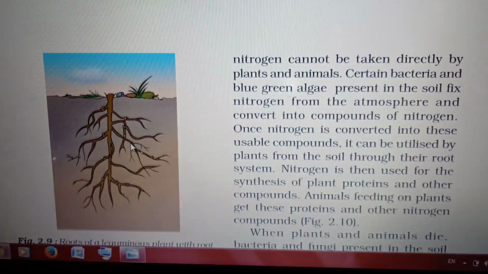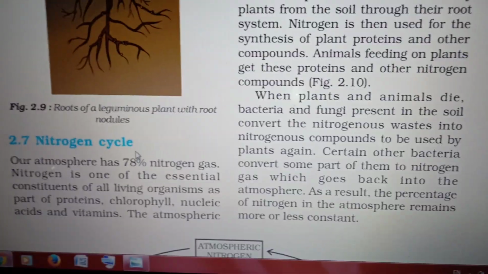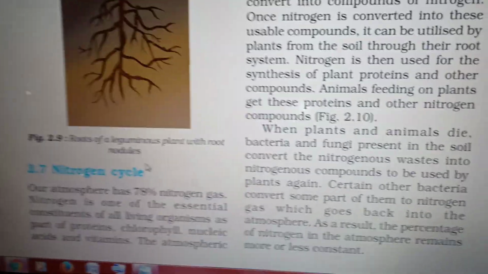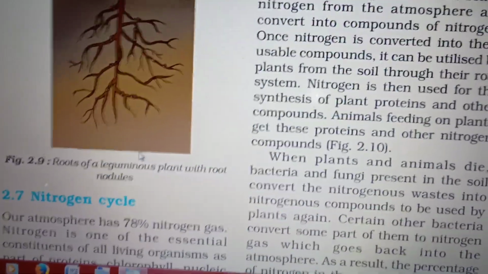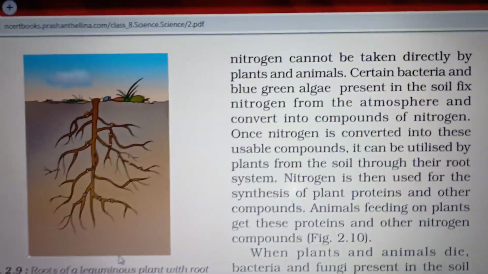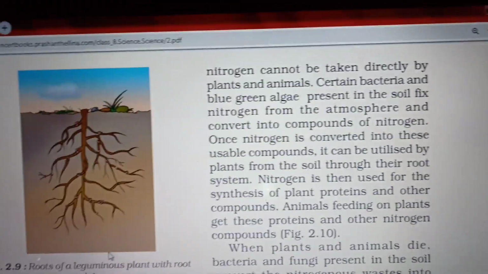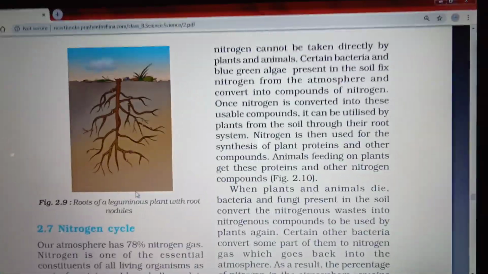Nitrogen is one of the main essential constituents of all living organisms. The atmospheric nitrogen cannot be taken directly by plants and animals. So certain bacteria and blue-green algae present in the soil fix this nitrogen from the atmosphere and convert it into compounds of nitrogen which can be used by the plants from the soil.